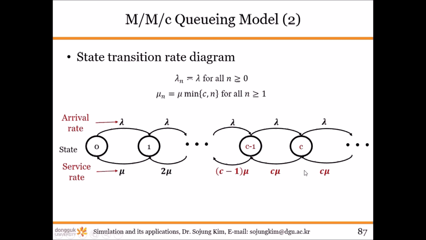Once you have C customers in the system, the service rate will be C mu. However, if the number of customers in the system is less than C, they will follow the number of customers in service times mu, basically.